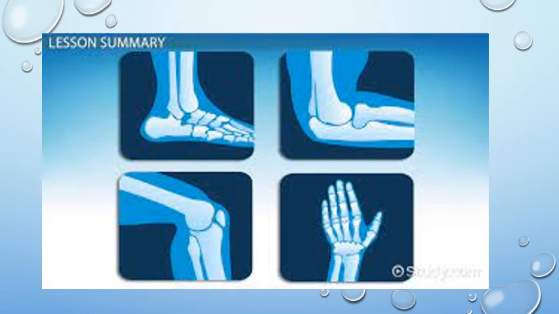If we talk about examples of a hinge joint in our body, take the fingers. If we try to fold or move our fingers, we find we can only fold them in one direction.